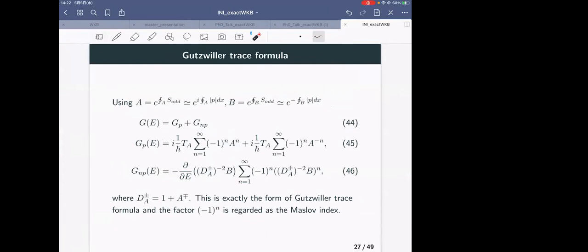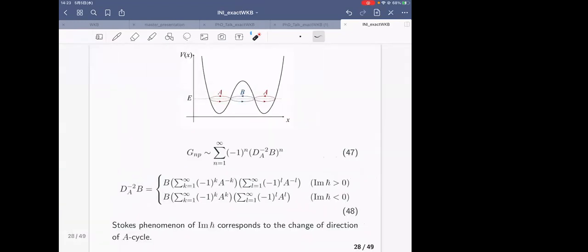Just taking the logarithmic derivative of D, we obtain this result. First, the perturbative part here and here is symbolically the same as for the harmonic oscillator. And the non-perturbative part is given here. The physical meaning of the non-perturbative part is easily seen from this picture.